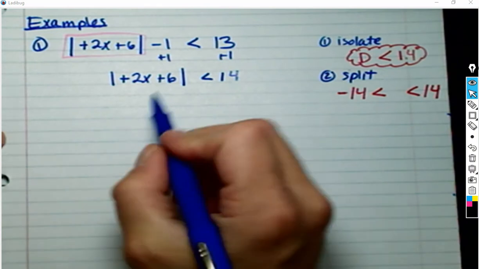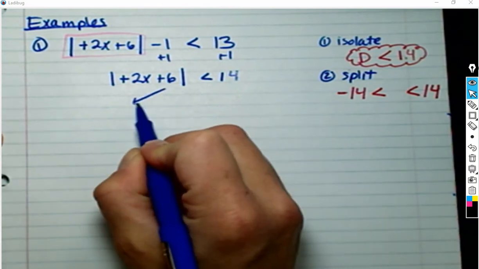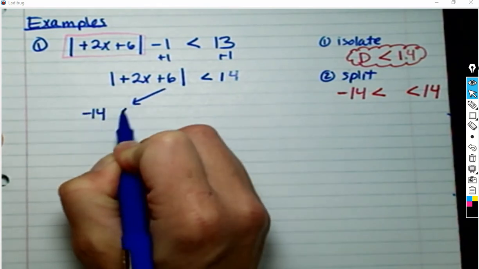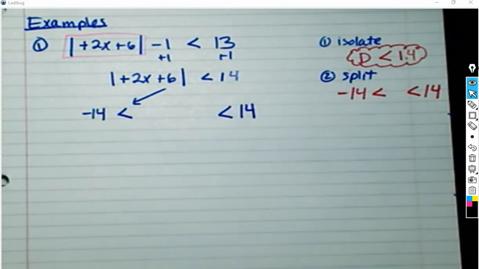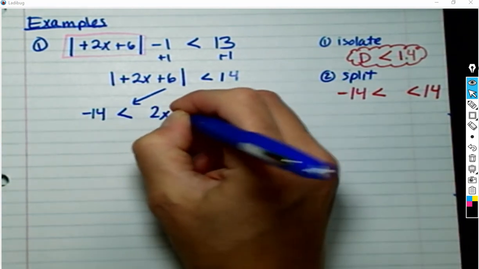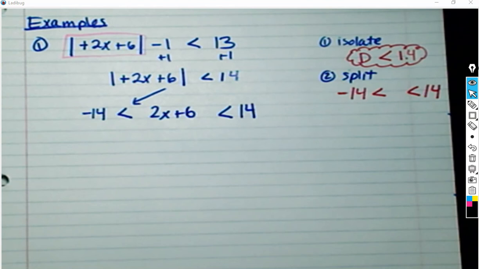So when I split this, we get the negative 14, we get the positive 14, and the distance thing goes in the middle. Because I know that it has to be between.